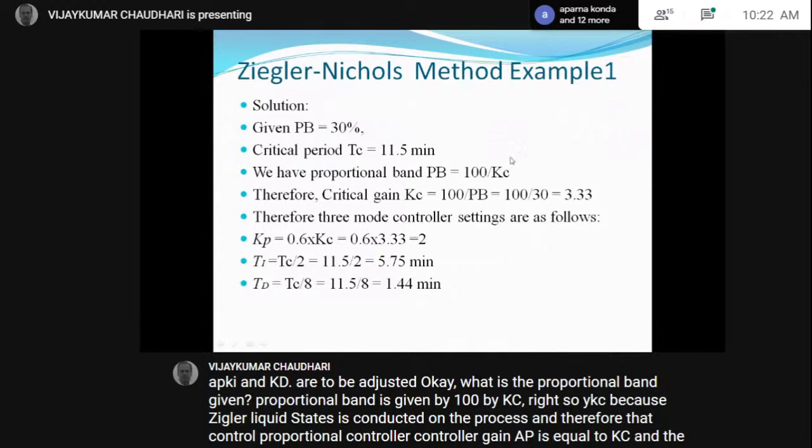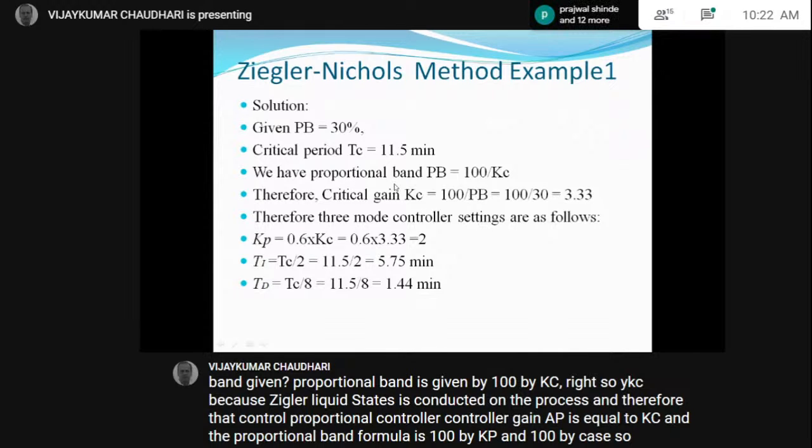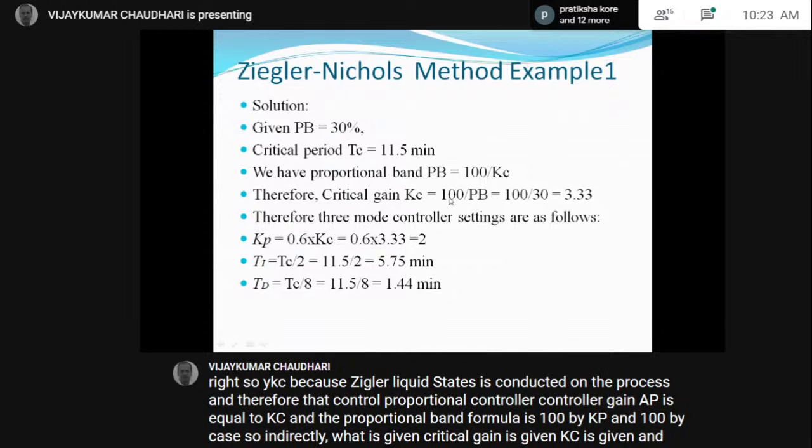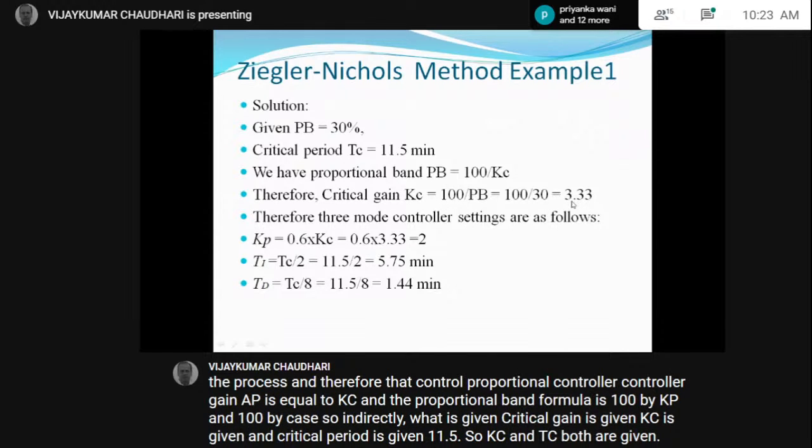So indirectly, what is given? Critical gain Kc is given, and critical period is given as 11.5. So Kc and Tc both are given. The critical or ultimate gain is 3.33.